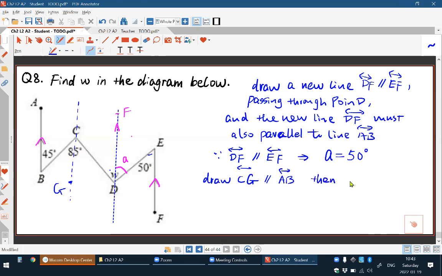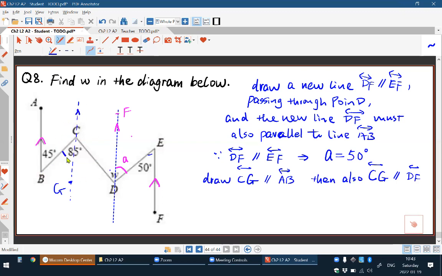Then we have a new line CG that is also parallel to this line DF. So we know actually these four lines are parallel to each other, right?